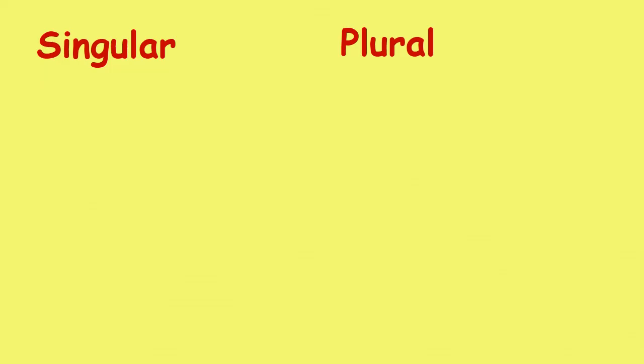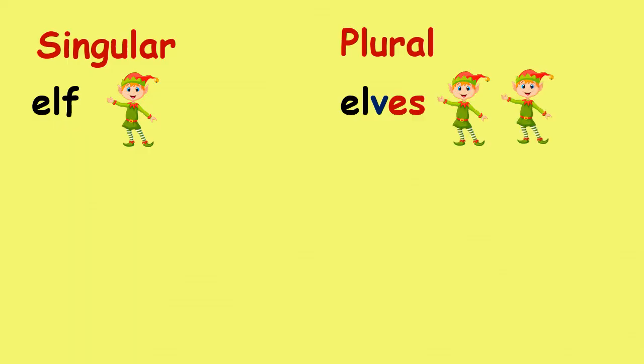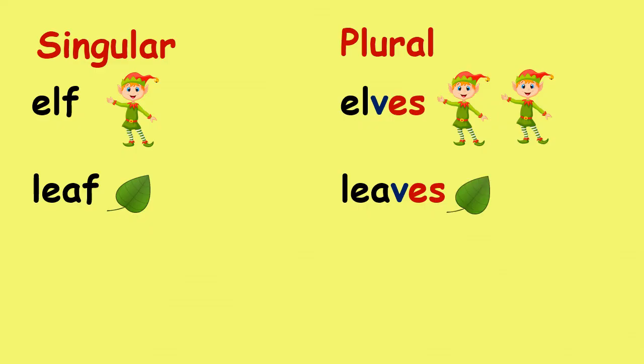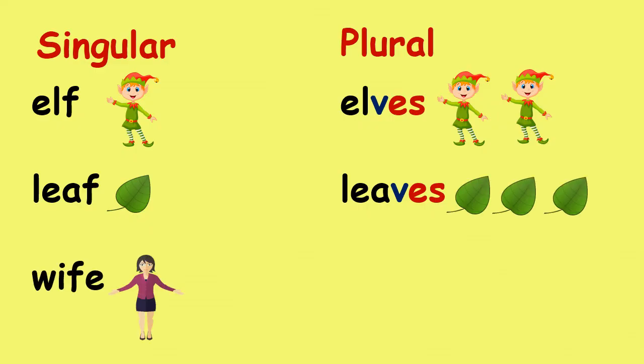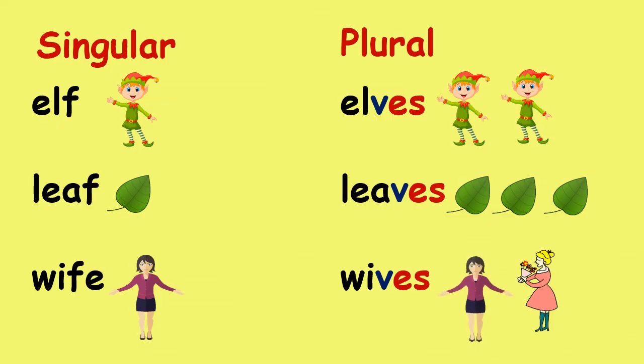Let us look at some examples. Elf, plural, elves. Leaf, plural, leaves. Wife, plural, wives. Now let us look at the singular form of the noun.